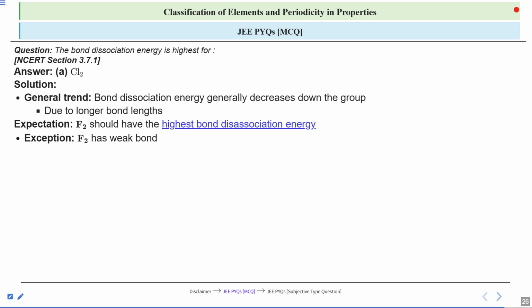Whereas the Cl2 will have an optimal size. Okay, so the word optimum means they are well balanced. Both your size and the bond length are well balanced, due to which it has a very large bond enthalpy as compared to the F2. So, due to the higher electronic repulsion in a small sized atom of fluorine, it has a weak bond and a weak bond dissociation energy.